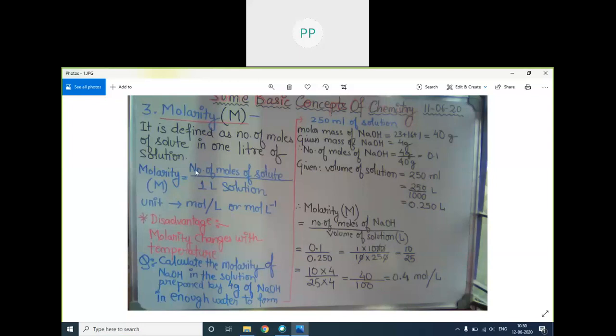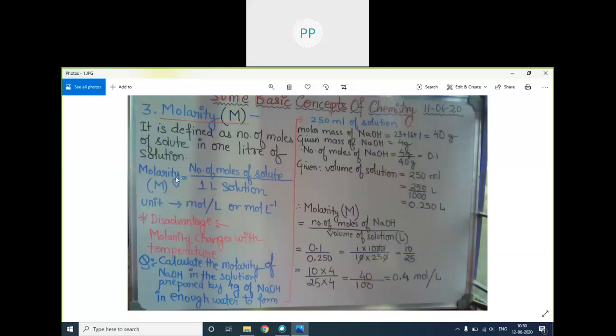It is represented by capital M. What is molarity? It is defined as number of moles of solute in 1 liter of solution. So mathematically we can write molarity capital M equals to number of moles of solute divided by volume of solution in 1 liter.